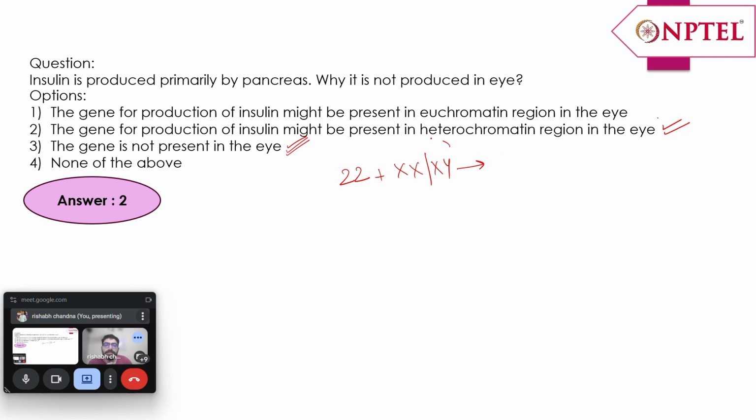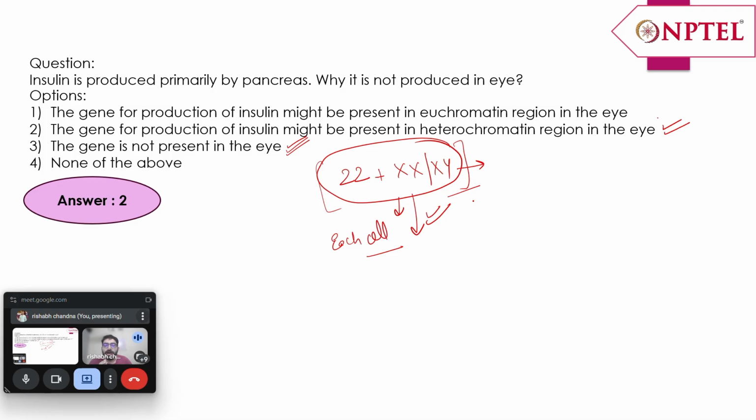These chromosomes contain all the genes that are responsible for production of every protein in the human body, and each cell of the body has these chromosomes. So there is no cell in the human body, or any animal body, that doesn't have these chromosomes. If that is the case, then that would be a diseased condition.